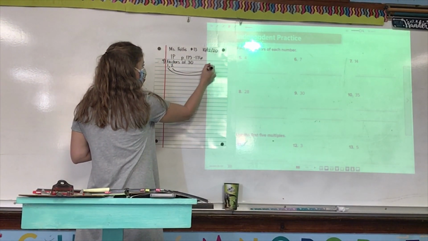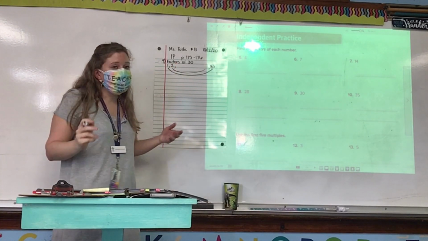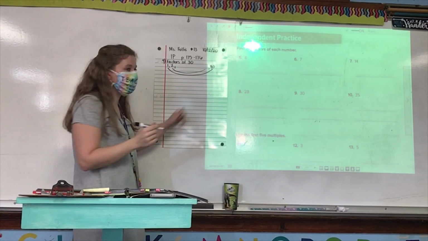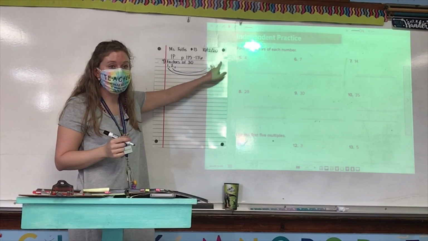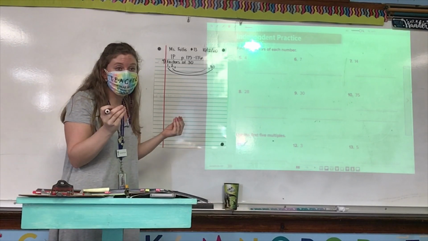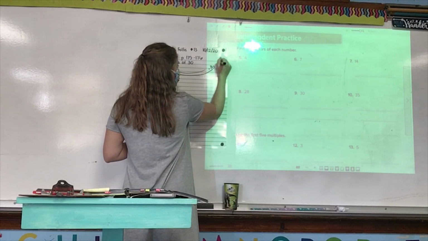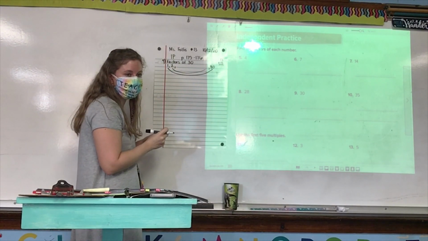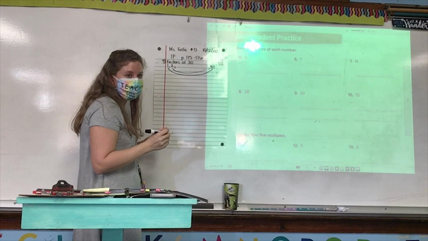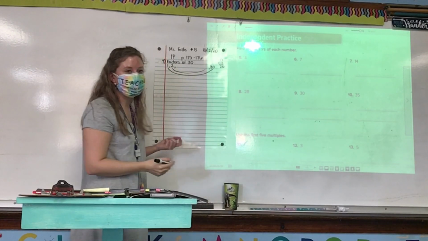So now we have to figure out, 2 times what equals 30? Well, let's see. Do we know? So we have to do some repeated addition. I know it's not 12. Let's try 13 plus 13. 13 plus 13 is what, Colin? 26. That can't be it, right?